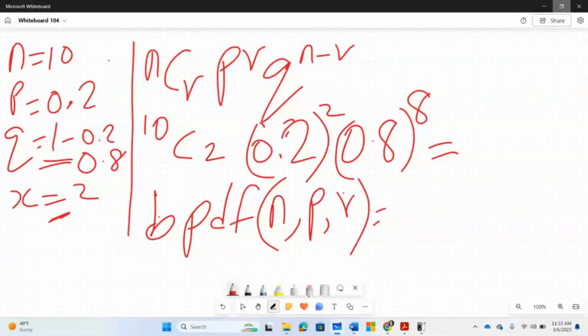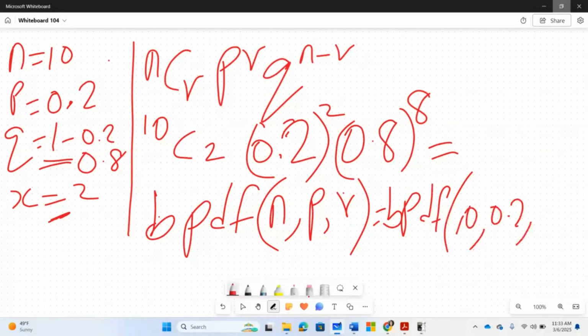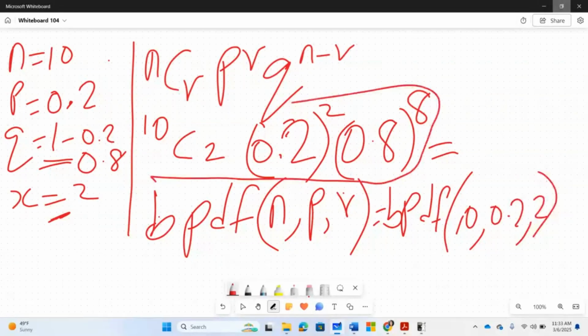Let me put it here, binomial PDF. Sample size is 10, comma, success is 20%, and the number at a time, which is the random variable, is 2. I'm going to evaluate this one and also evaluate this one.